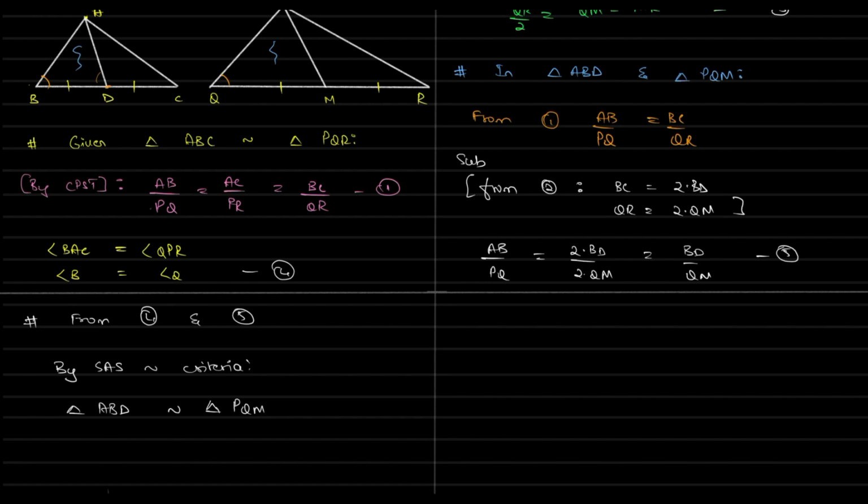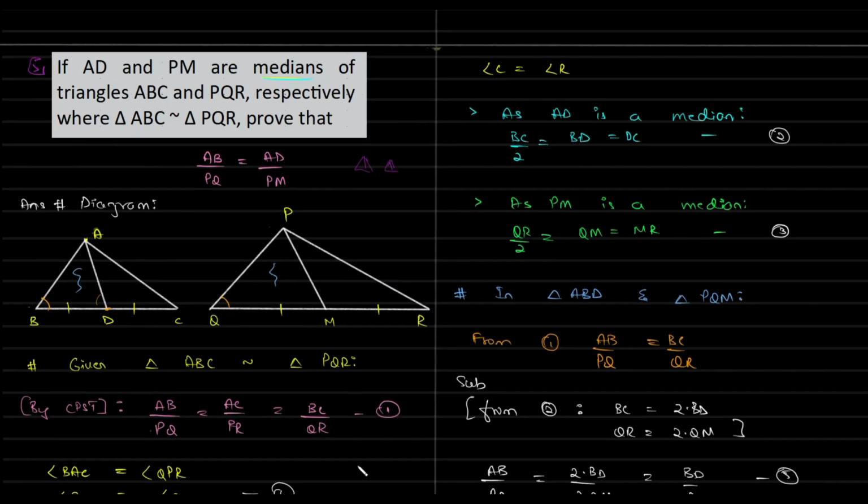And therefore by CPCT, AB by PQ is equal to AD by PM.